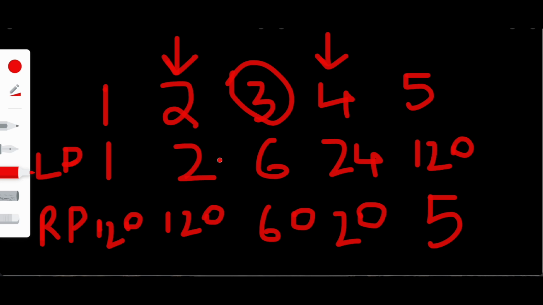This 2 represents the product of all elements before the index we are currently at. And then the right product will give me the product of all elements after it, which will be 20. If we just multiply them, we get the product that we needed. So in this case, it will be 2 into 20, which is 40, which is exactly what we need. Make sense? I hope this is clear.